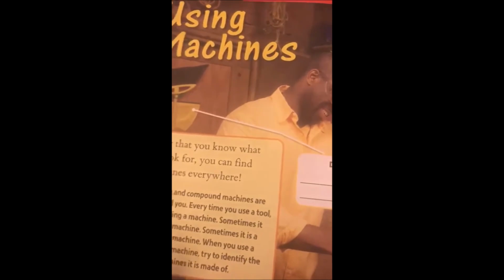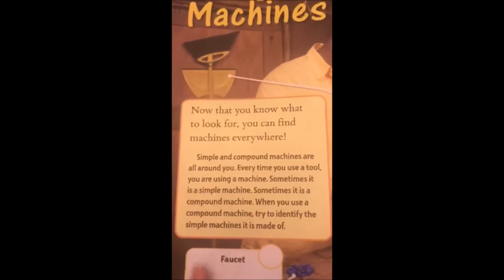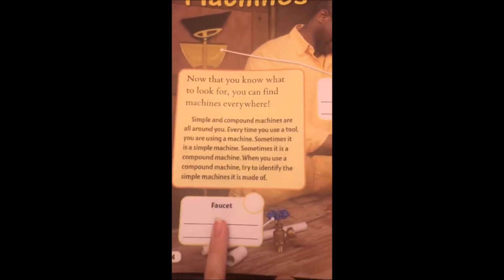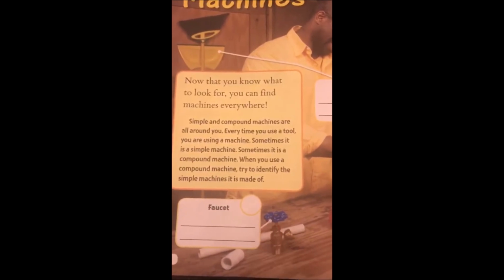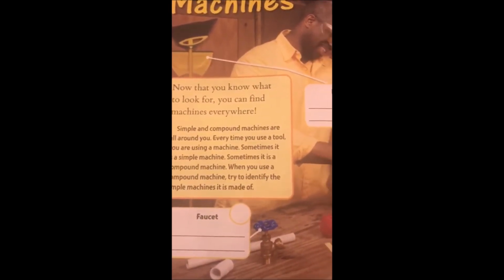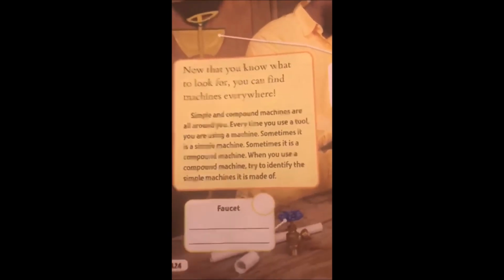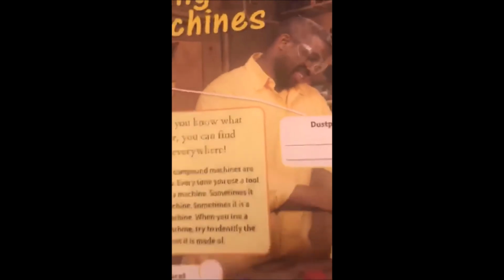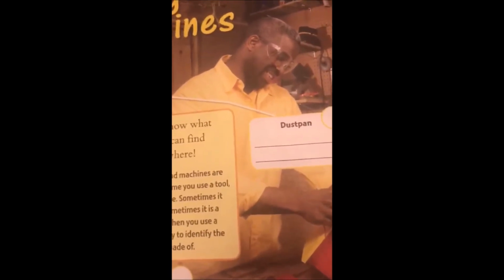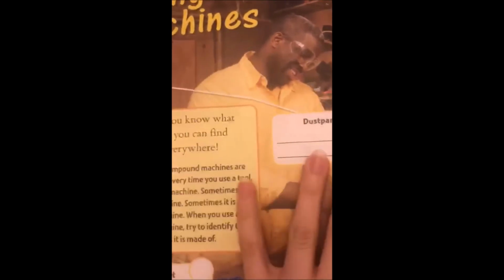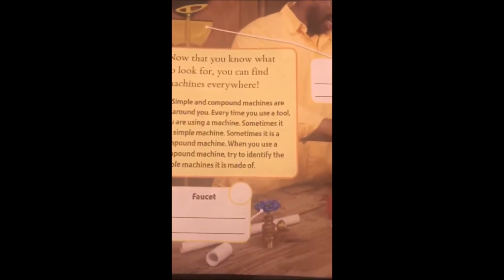So the faucet over here, for the faucet, as you can see it here, is it a simple machine or a compound machine? I hope that you turn off the video. Please turn off the video, try to answer them on your own, and then come back and I'm going to answer them with you here, because it's very important to think a little bit on your own.